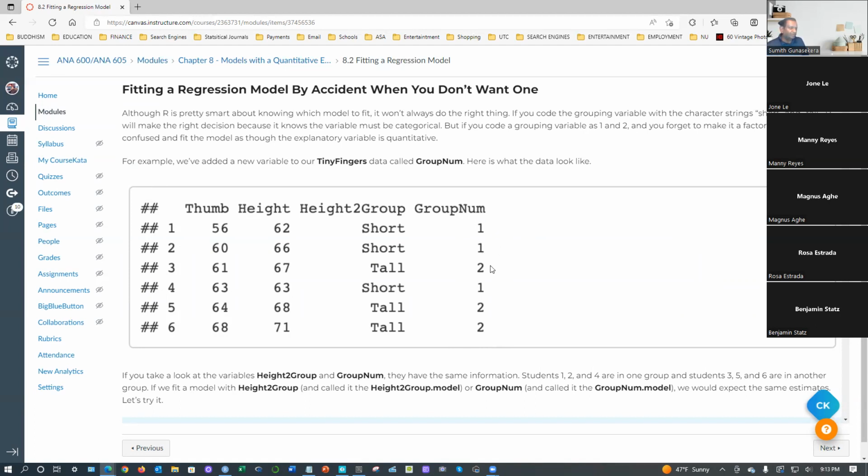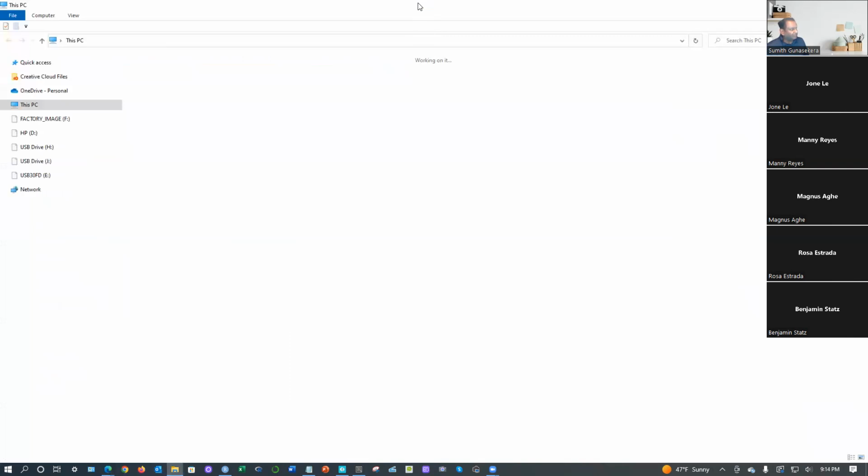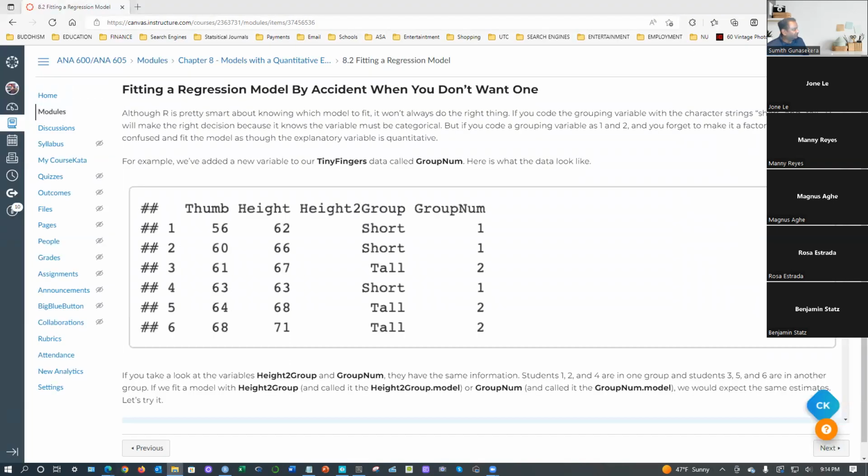Okay, to avoid that, you either go to the entire variable, and I cannot remember in which homework we had that one. I'll show you something.